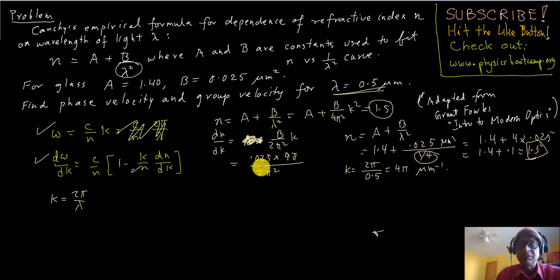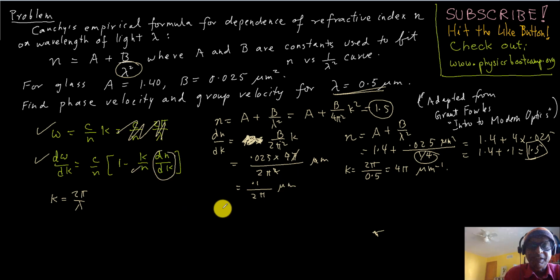The units are inverse micrometer square, and A is in micrometer, so this whole thing is going to be in micrometer. The micrometer and inverse micrometer cancel out, the pi goes away, and so it is 0.1 over 2 pi micrometer.